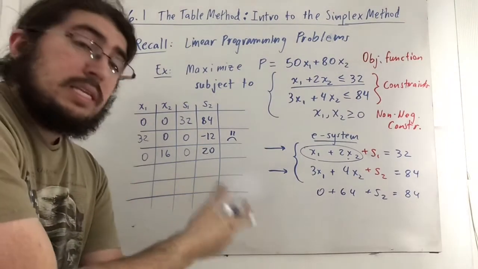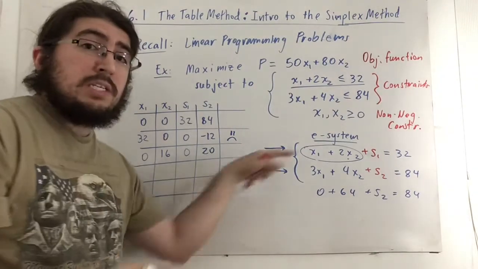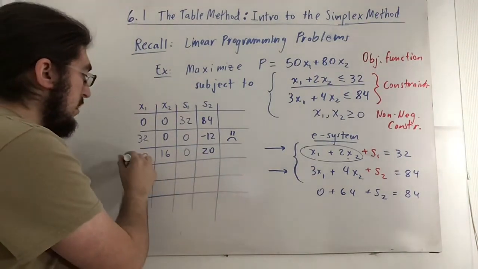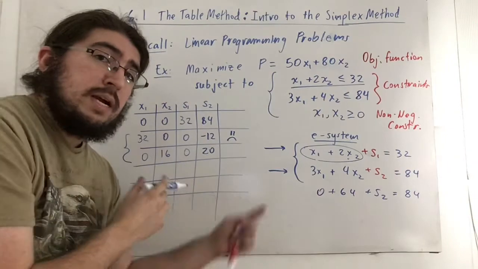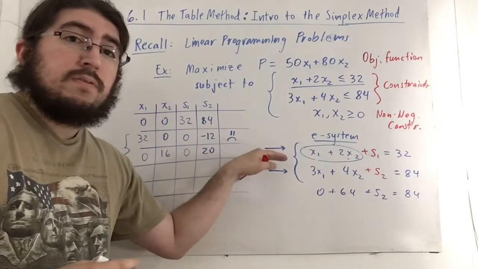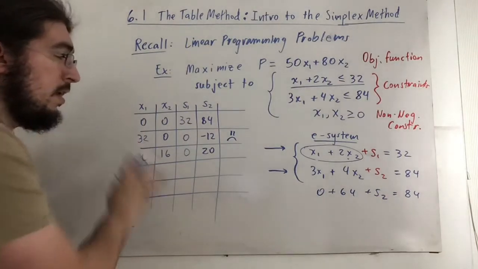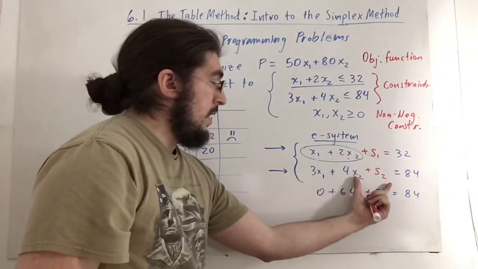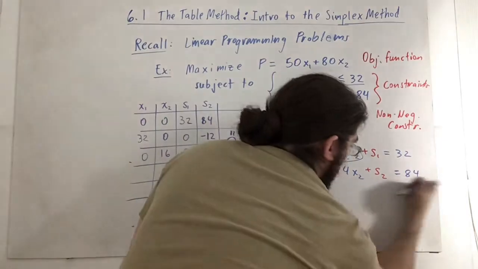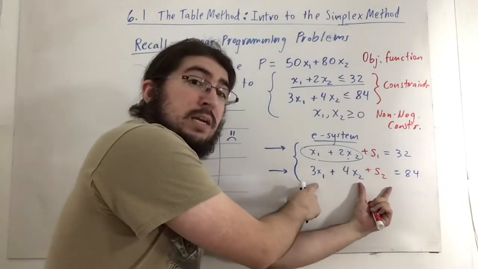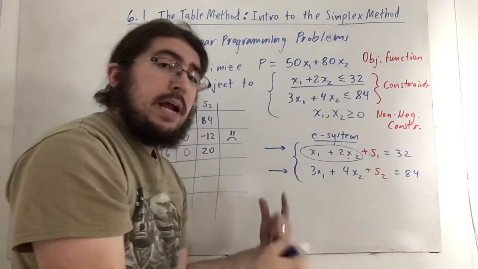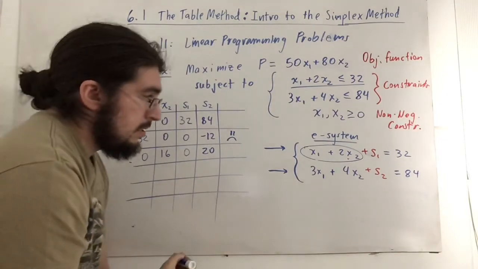Now I want to do the same thing for equation 2. Because these were basically just the x1 and x2 intercepts for the first equation. But now for the second equation, we're going to play the same game. If we only want x1, x1 is going to be 84 divided by 3. 84 divided by 3 is 28.